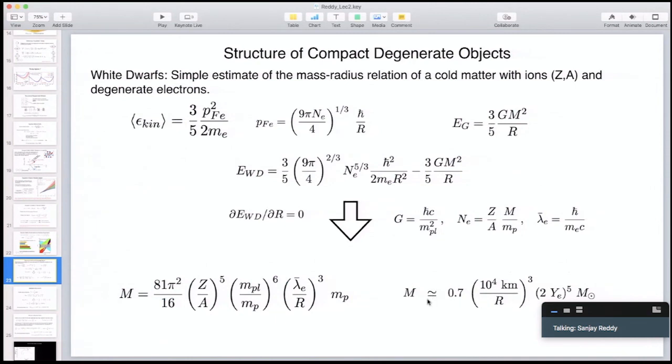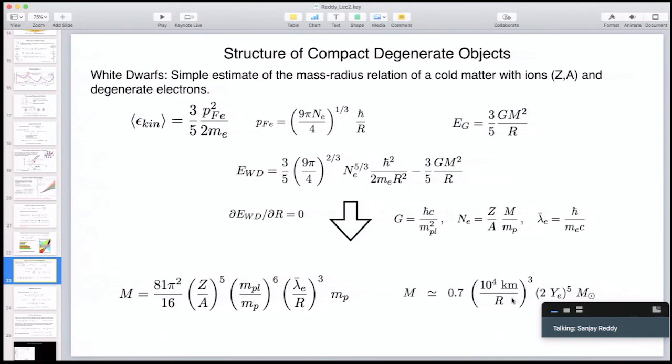In this estimate, you can try to put some numbers in, and you see that the mass goes like radius to the -3 power. For example, for an iron white dwarf, where the electron fraction is 1/2, you find that a 0.7 solar mass white dwarf will have a radius of order 10,000 kilometers. So this is a simple exercise.